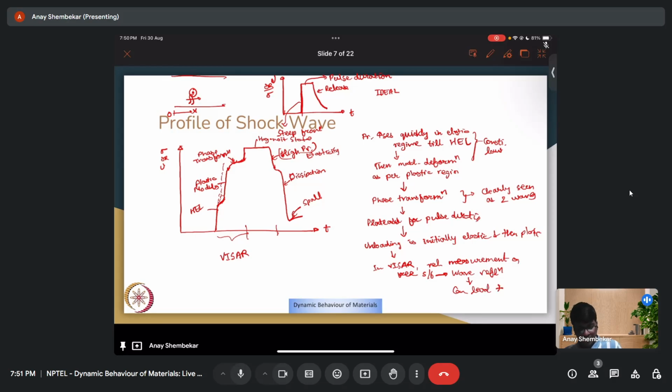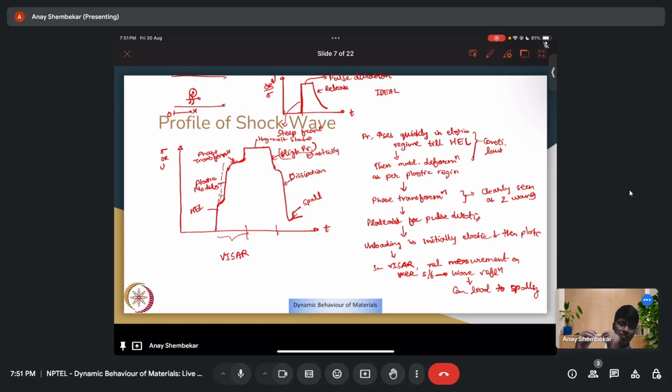Again, spalling will be treated later in more detail, but the rough idea is that the compressive wave hits the free surface and, due to force balance, a tensile release wave comes out.